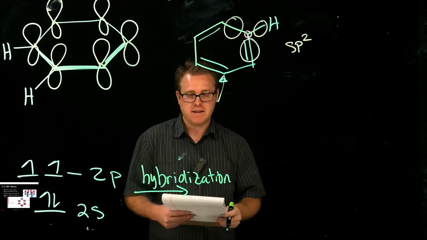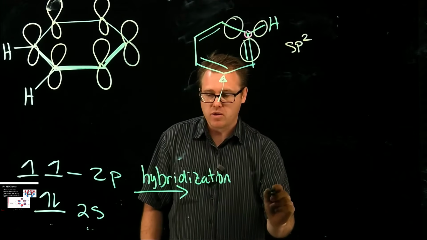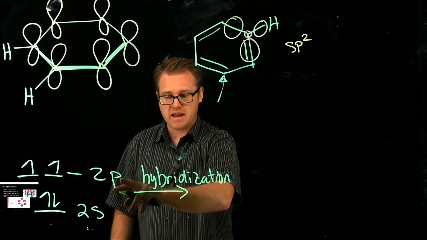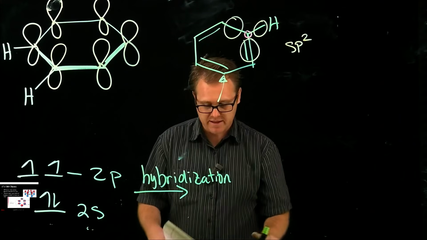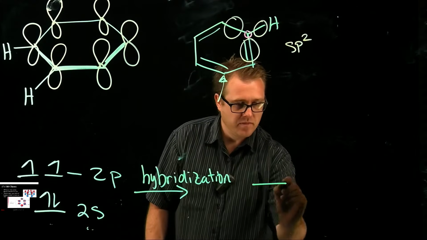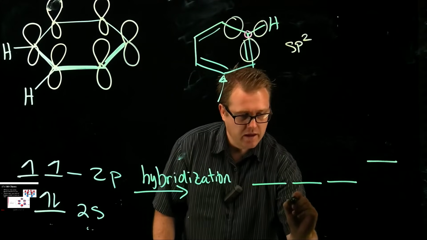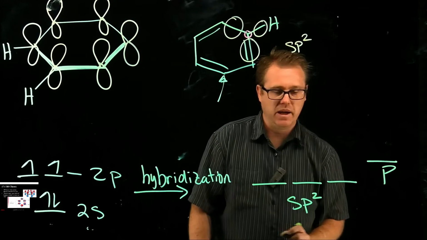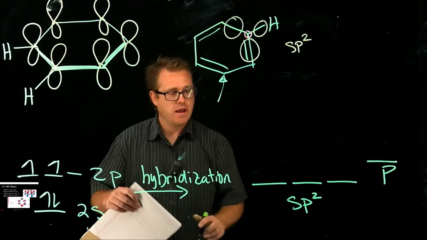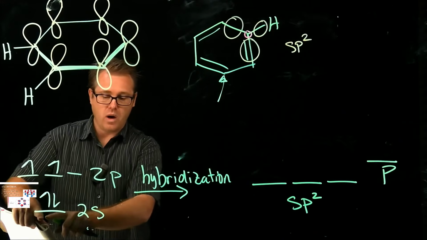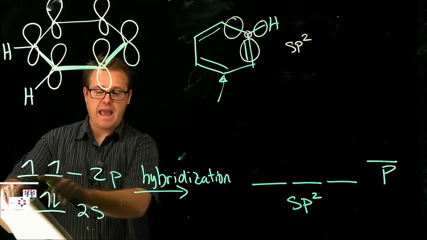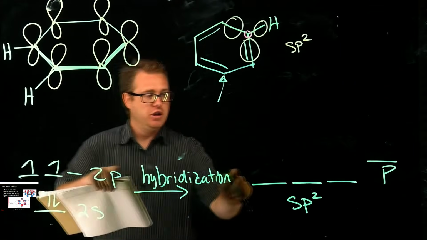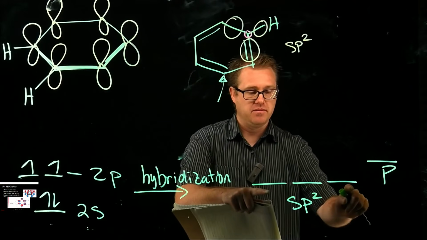When we hybridize, we take the 2s and two of the 2 p's and hybridize them into sp2 orbitals and a leftover p. So we are taking 1 s orbital and 2 p orbitals and hybridizing them to be at the same energy.